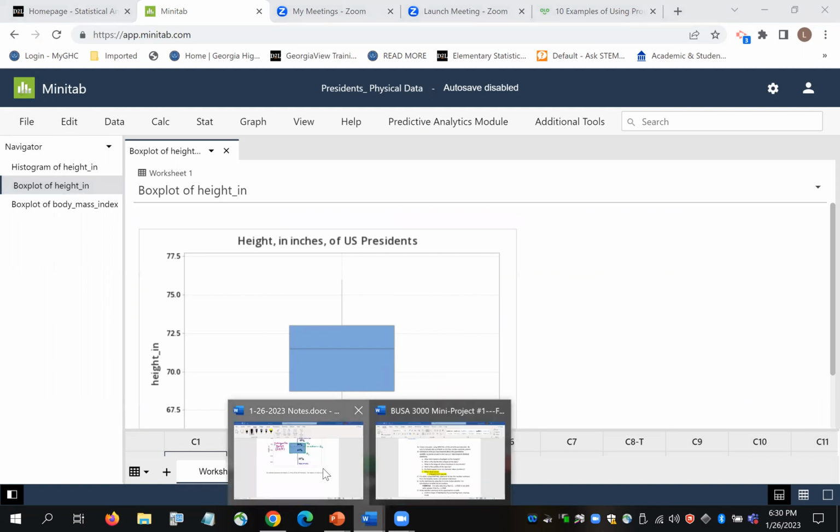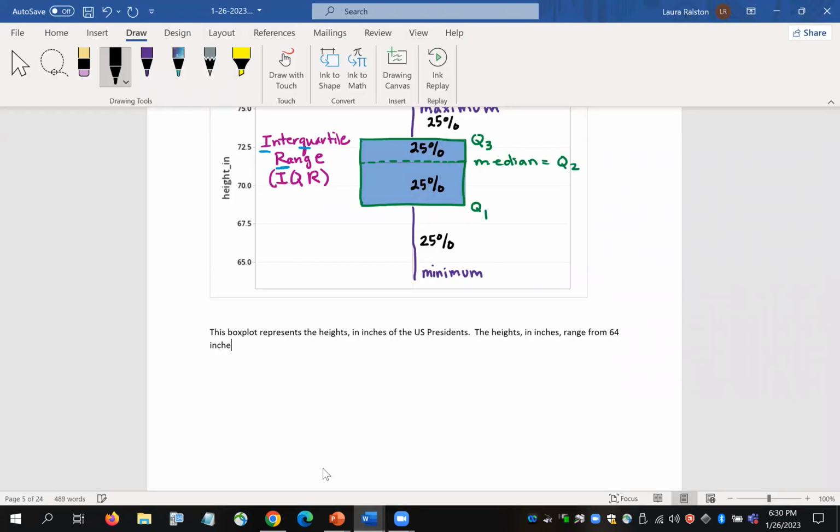So they range from 64 inches to 76 inches. The median, or the middle height, is what did it say? 71.5 inches. There does not appear to be any outliers.